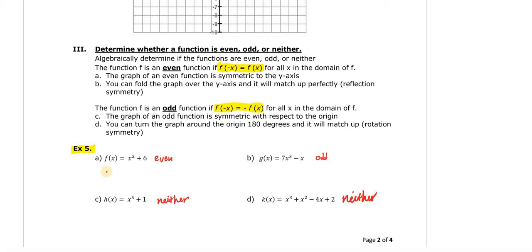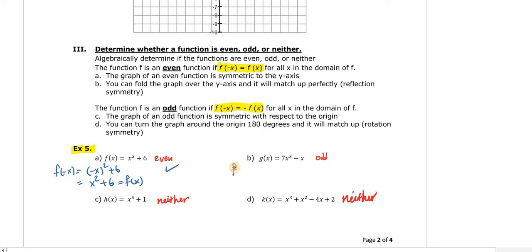Now let me verify. If I find f of -x, this becomes (-x) squared plus 6, which becomes x squared plus 6, and that is exactly f of x, and that confirms it's even.